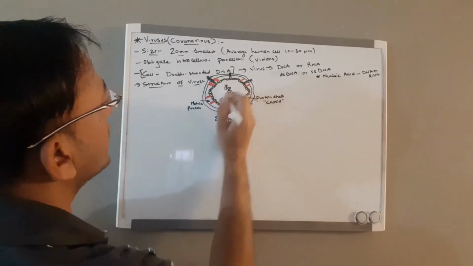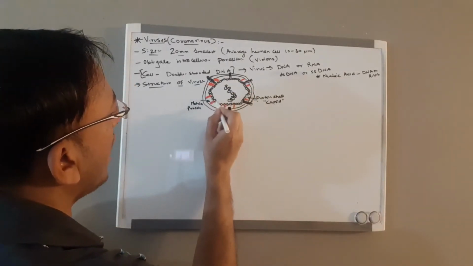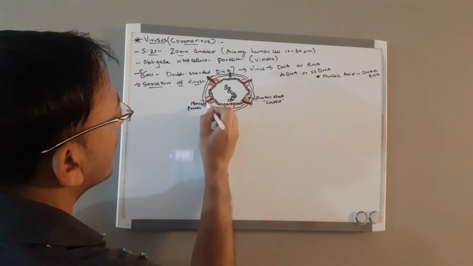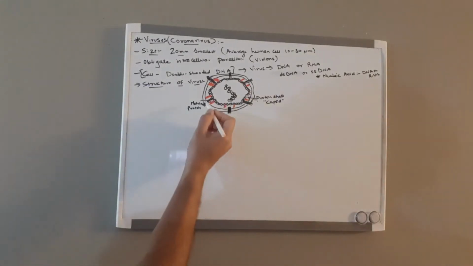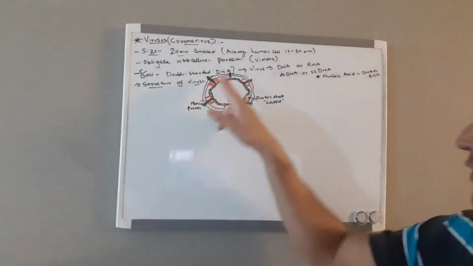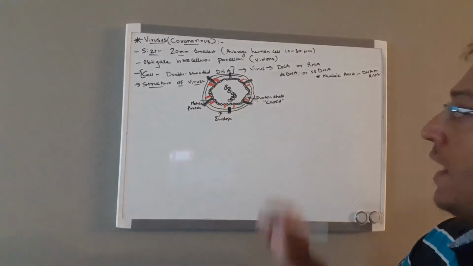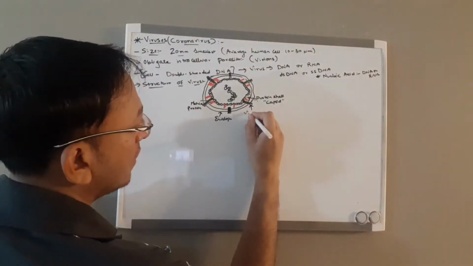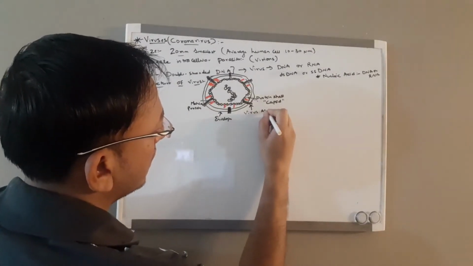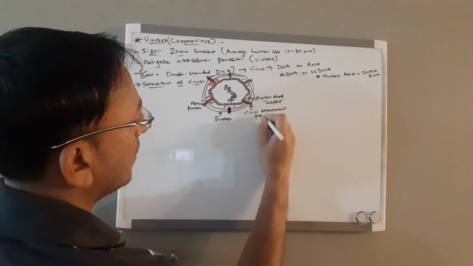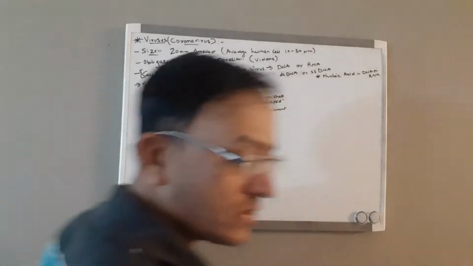So this virus attachment protein is actually protruding outside. Something like this, it's protruding outside. So even if it does not have this envelope, they will have this. Let me write it down: virus attachment protein. So these are virus attachment protein.